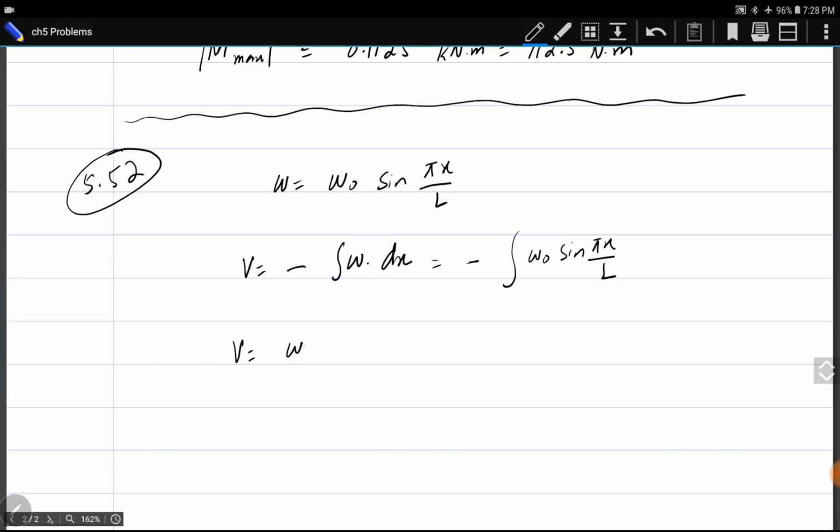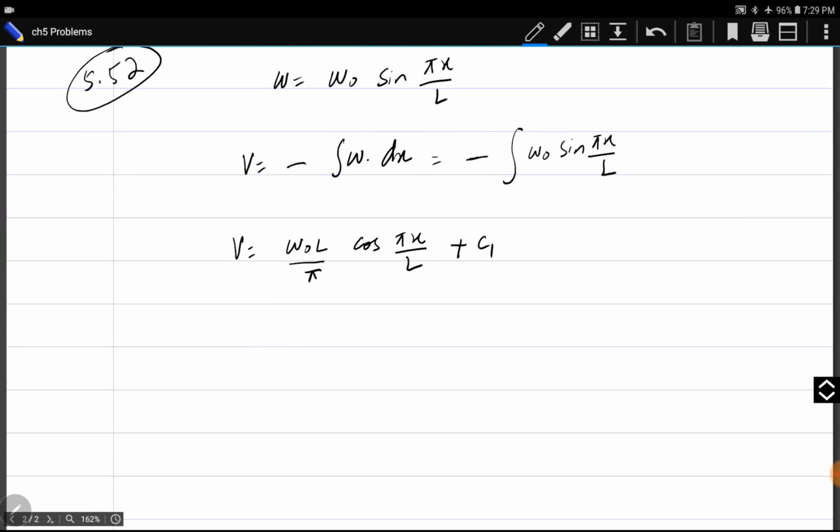W naught into cosine of pi x over L, and then divided by derivative of pi x over L. So derivative of pi x over L becomes L over pi. So this is integral. You know how to integrate the functions, specifically the trigonometric functions. Plus there will be a constant of integration C1, because we do not have limits here in the integral. So we have to add a constant of integration.